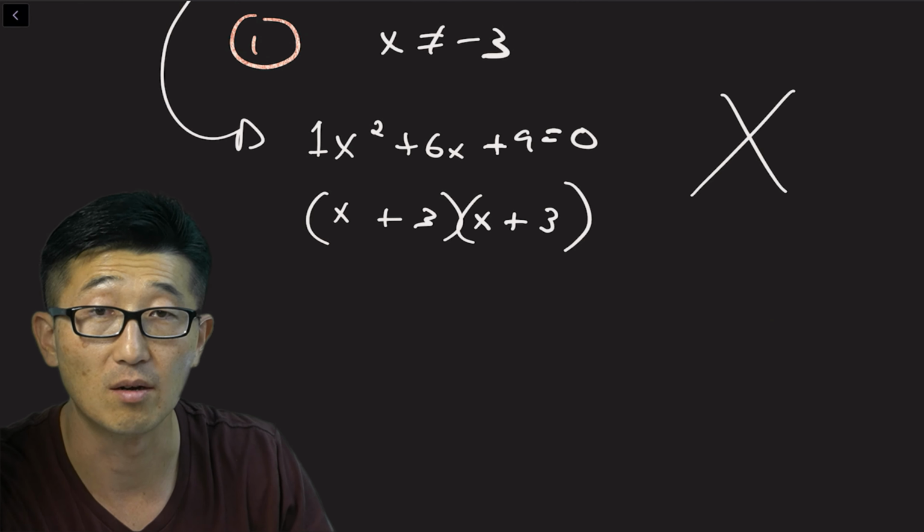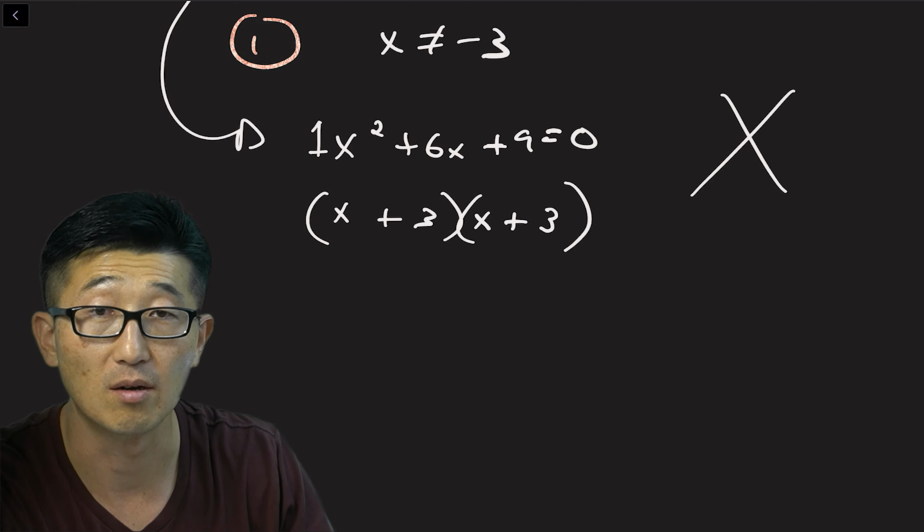Now, every time I factor, I make it a habit to always double check. So x times x is equal to x squared. 3 times 3 is equal to 9. And then to check the middle term, you multiply the outside 2 and then add it to the product of the middle 2. So 3x plus 3x is equal to 6x. This is right.